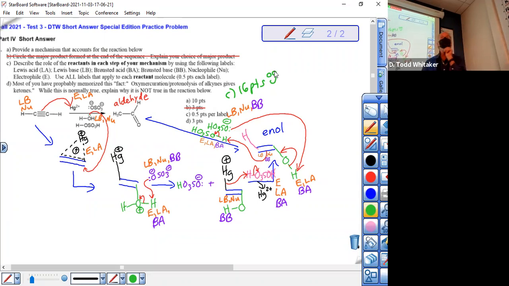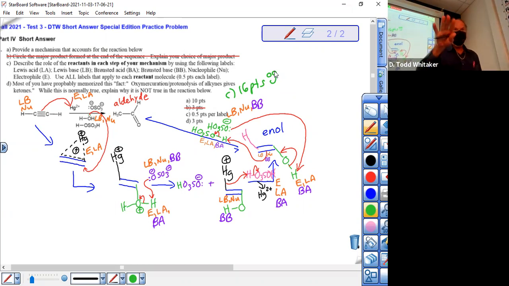Protonolysis, for your purposes, for your knowledge base right now, only happens in chapter 7 with alkynes. Because it does, but we have never learned a reaction where alkenes do it. So I'm not saying it doesn't happen with alkenes. It's just, we don't teach all organic chemistry. We teach the fundamentals. Protonolysis is a very broad, general thing.